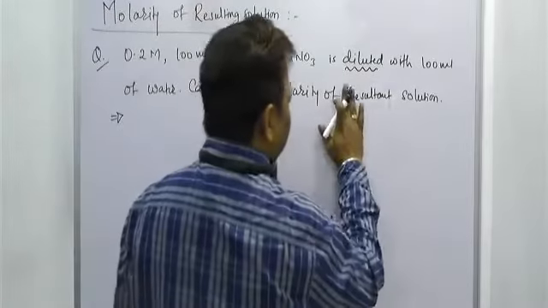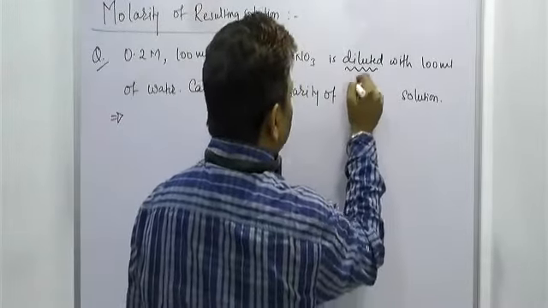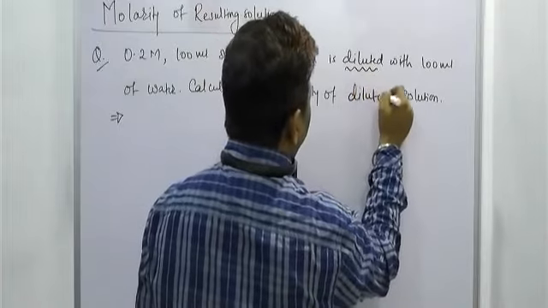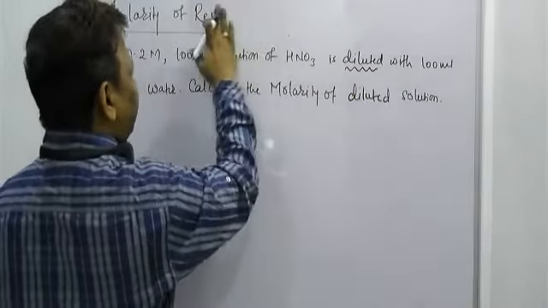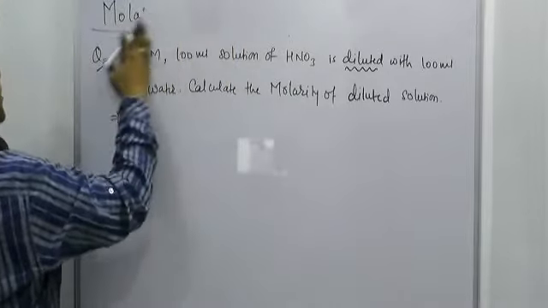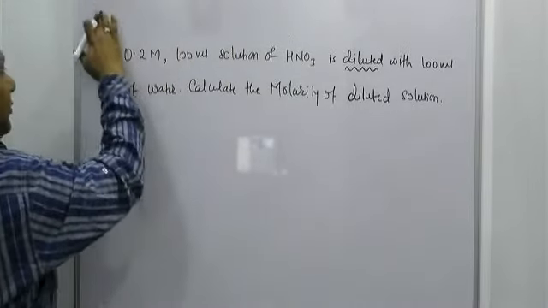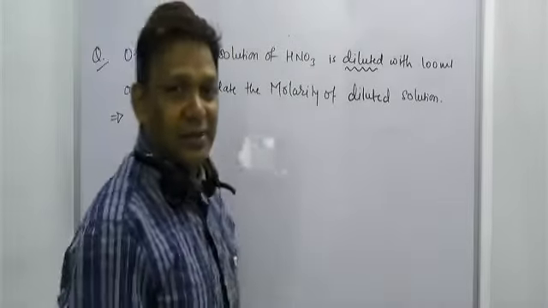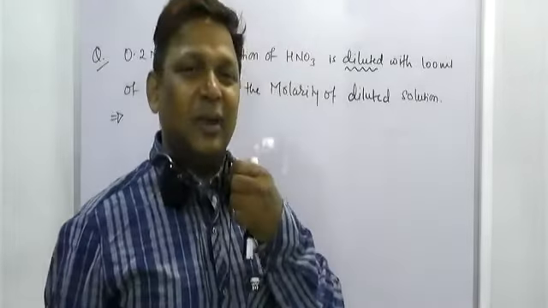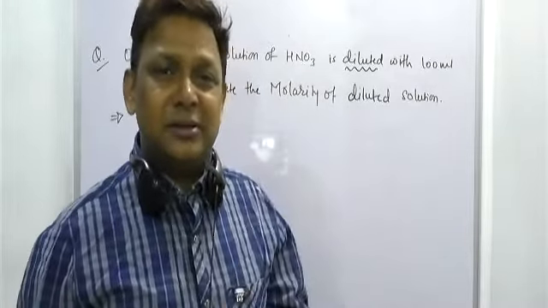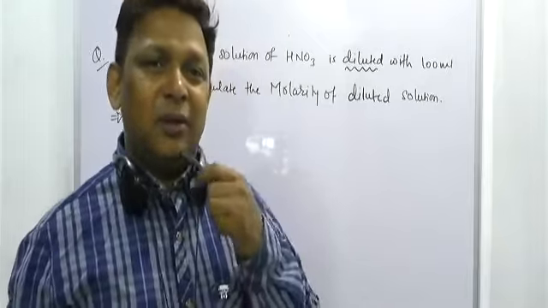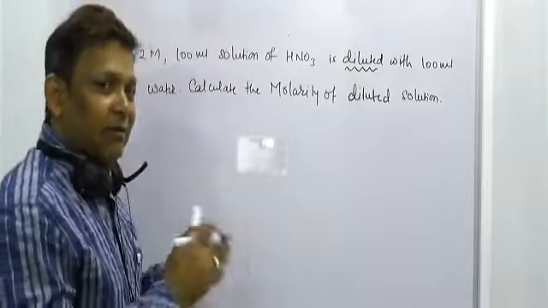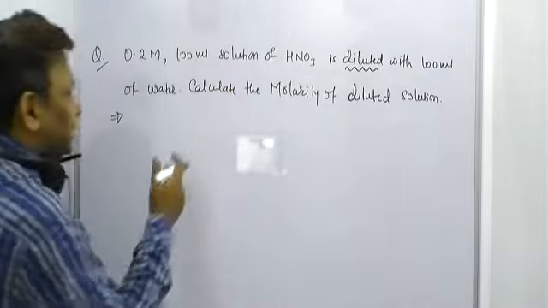So I should say, instead of resultant solution, what is the molarity of the diluted solution? The topic which we wrote is different from the question which I gave. So it is nothing but making confusion for the children. Either we have to use the dilution law or the molarity of the resultant solution. So it is the dilution law.